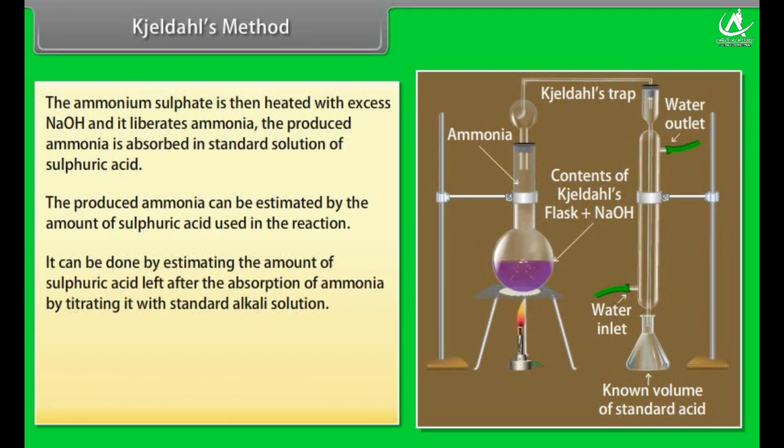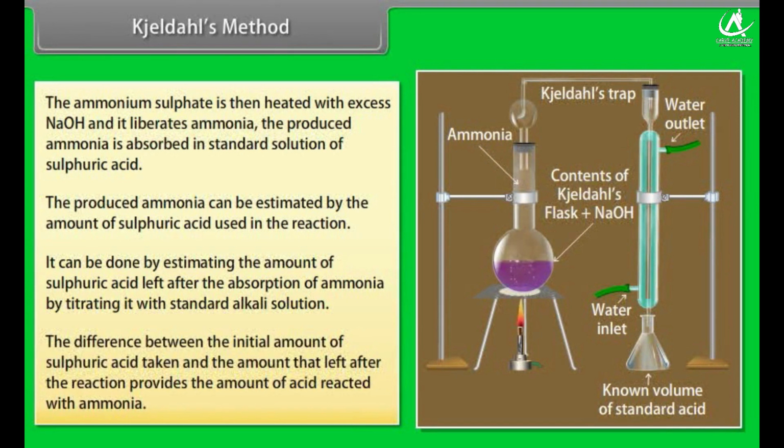It can be done by estimating the amount of sulfuric acid left after the absorption of ammonia by titrating it with standard alkali solution. The difference between the initial amount of sulfuric acid taken and the amount left after the reaction provides the amount of acid that reacted with ammonia.